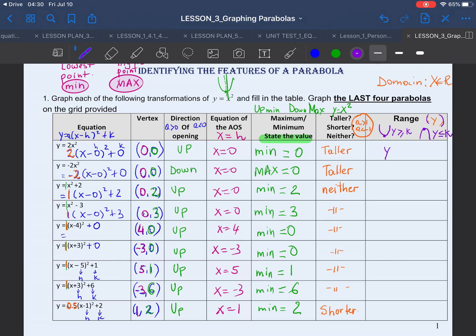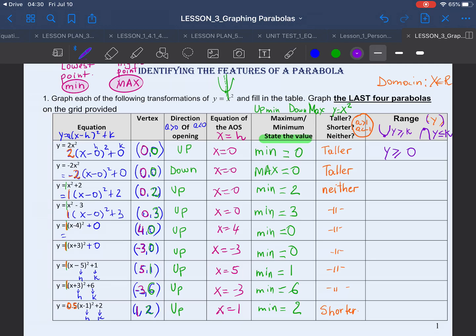Okay, so if parabola opens up, then we're going to say that y has to be bigger than or equal to the minimum. And what's the minimum value? Well, the minimum value here is 0. Okay, so it opens up, minimum 0, so y is bigger than or equal to 0.